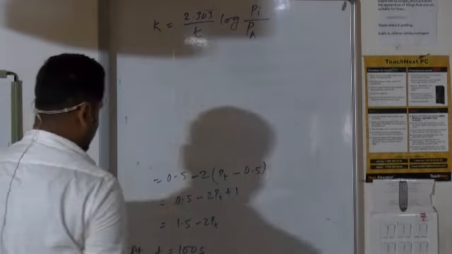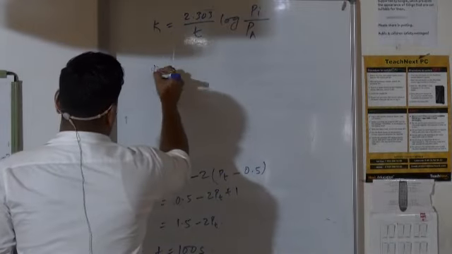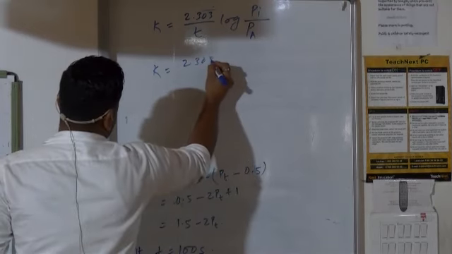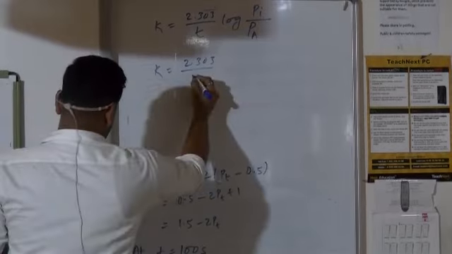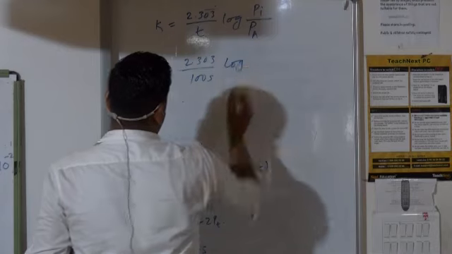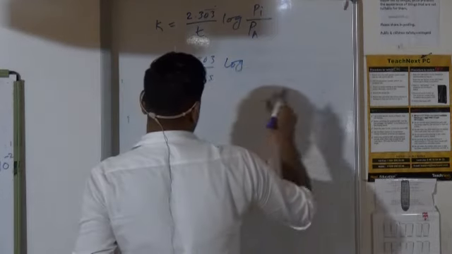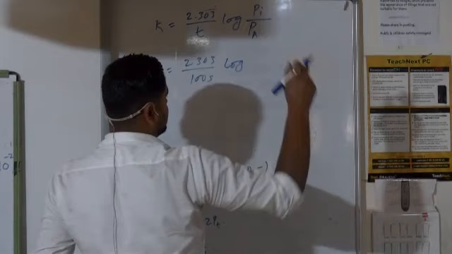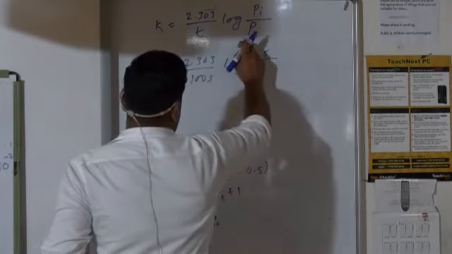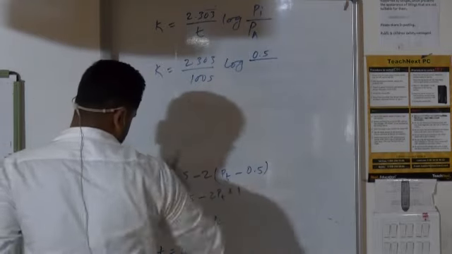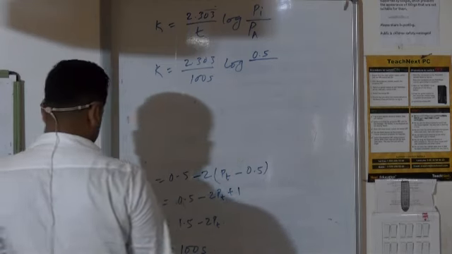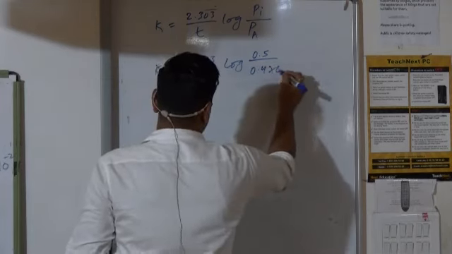So let us put the values here. K is equal to, we need to find the rate constant only, 2.303 by the time. The time is 100 seconds. So this is log, what is Pi? Initial pressure when the reaction has just started, so the pressure is 0.5. What is the pressure of N2O5 at t equals 100 seconds? That is 0.476. So we are putting the value 0.476.